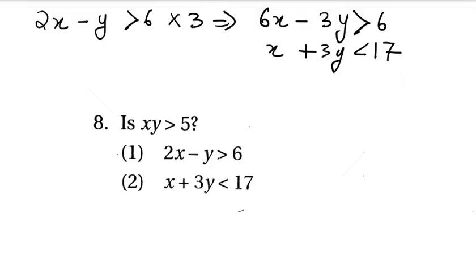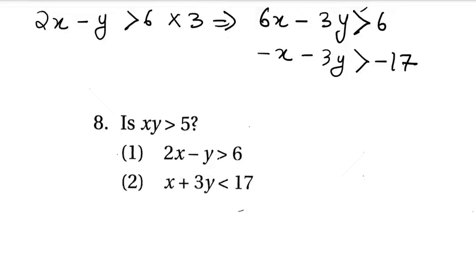In order to make them the same, you can just write this equation in negative form. If I write negative 6x and negative 3y, then I can write it's greater than negative 70.